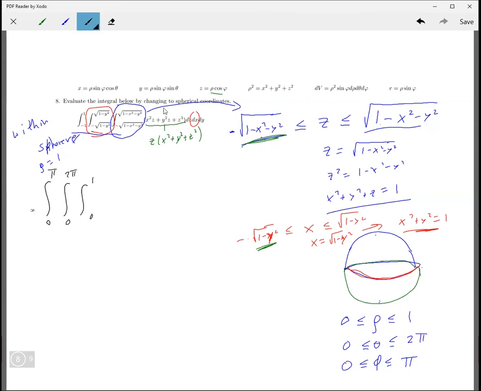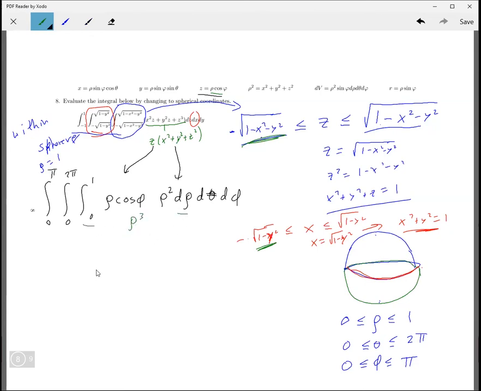This part, the z, becomes rho cosine phi. This becomes rho squared. Here this becomes rho cubed.